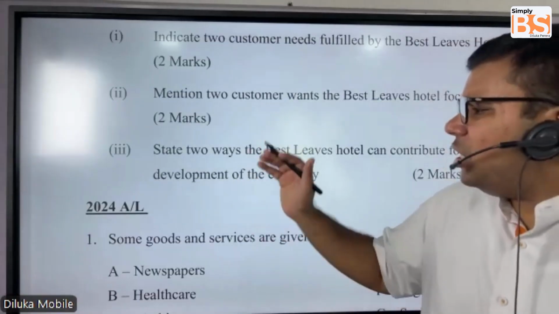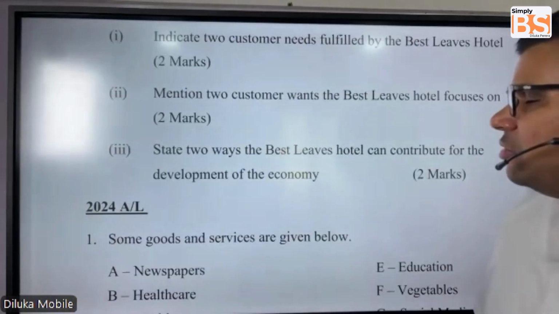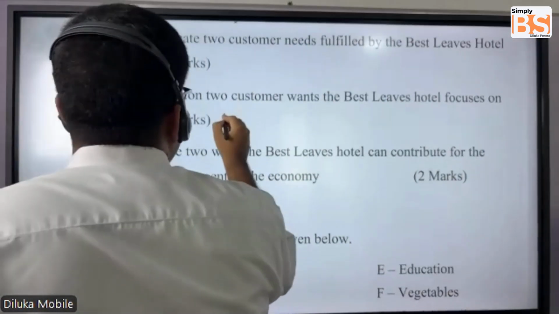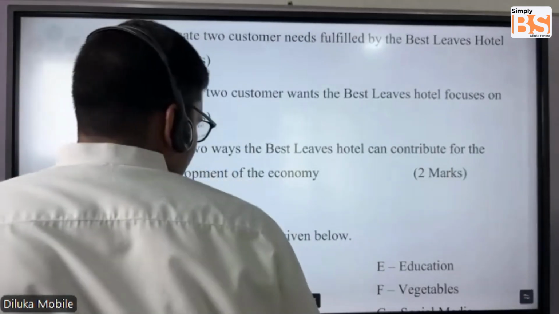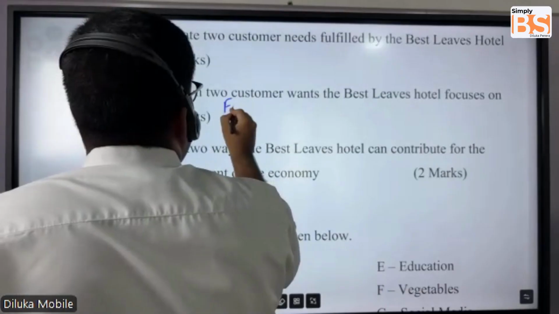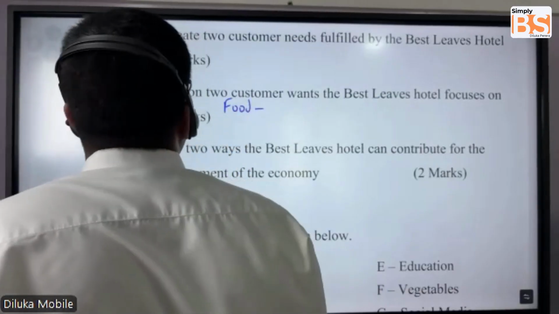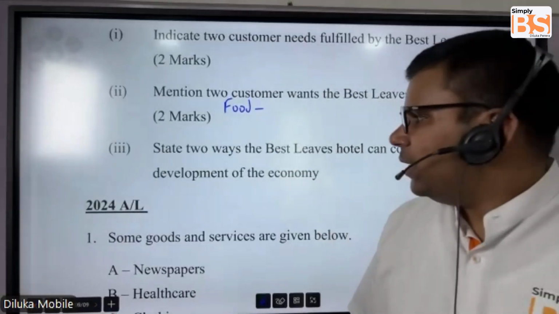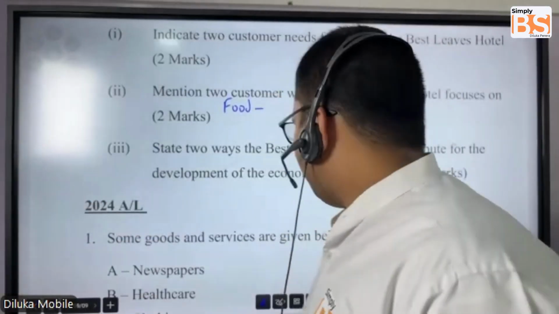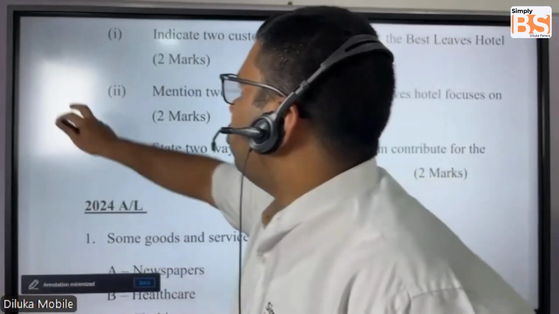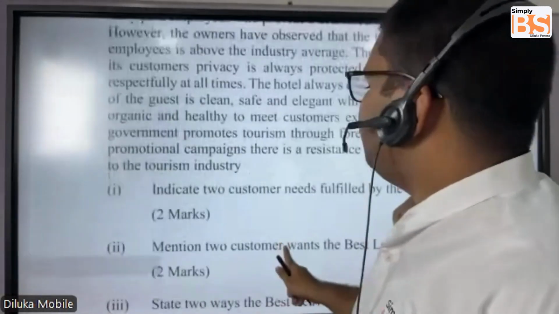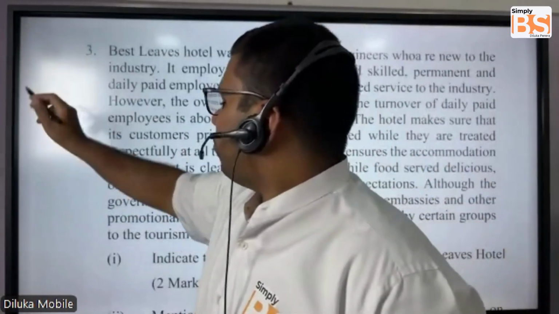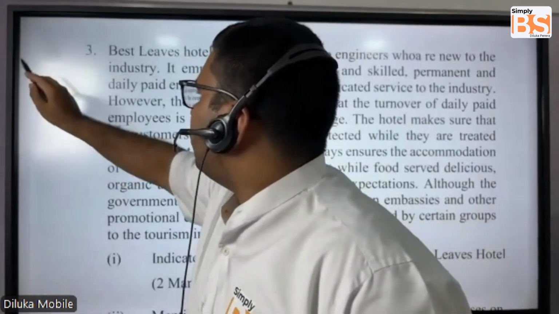So now you can write for each type of need that you have selected. For food, what type of a want do they offer? If you go to the description, we underlined it, no?